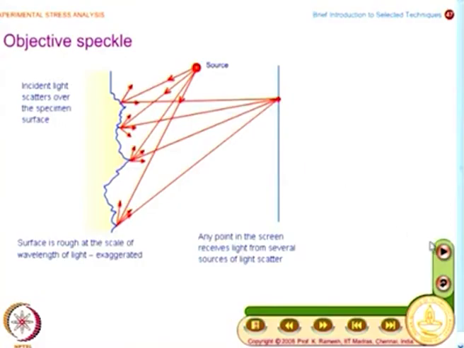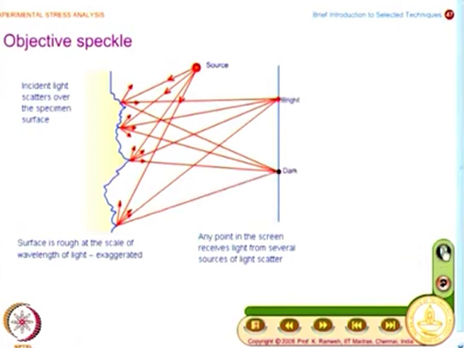So, I see the second set of rays meeting at a point, and I have selected this point in such a manner for illustration that these rays interfere and give you a dark fringe, a dark point. So, I have a bright point and I have a dark point.